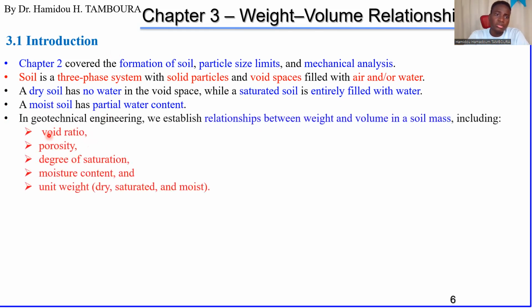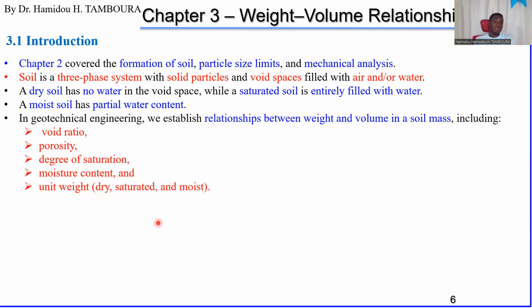In geotechnical engineering, we have established relationships between the weight and volume of soil. If you take a soil sample, there are a lot of relationships, and these include void ratio, porosity, degree of saturation, moisture content, and unit weight, which includes dry unit weight, saturated unit weight, and moist unit weight.